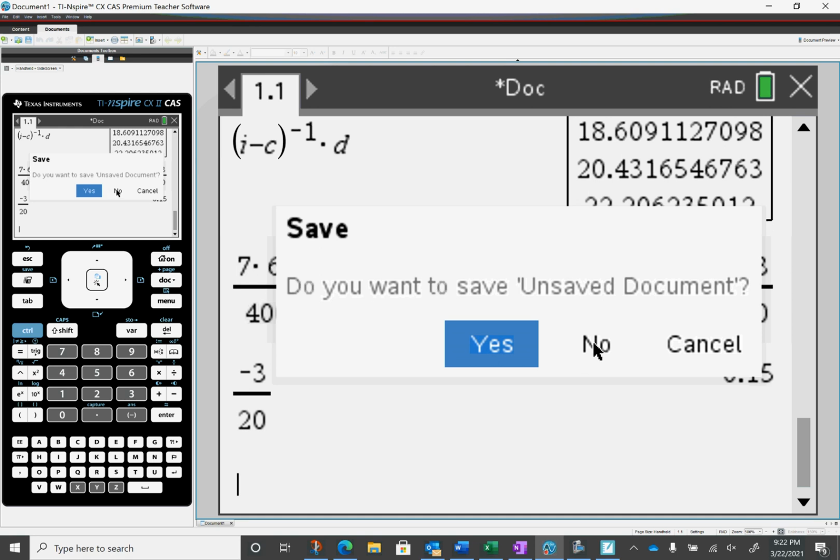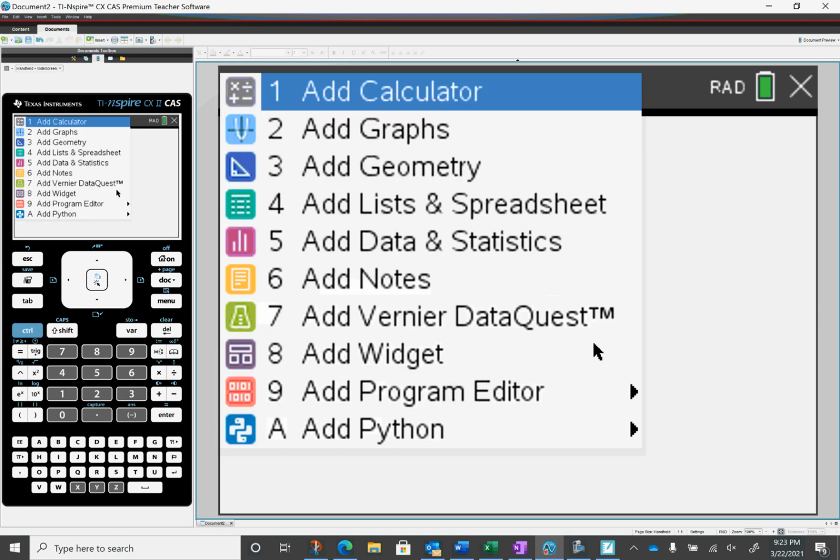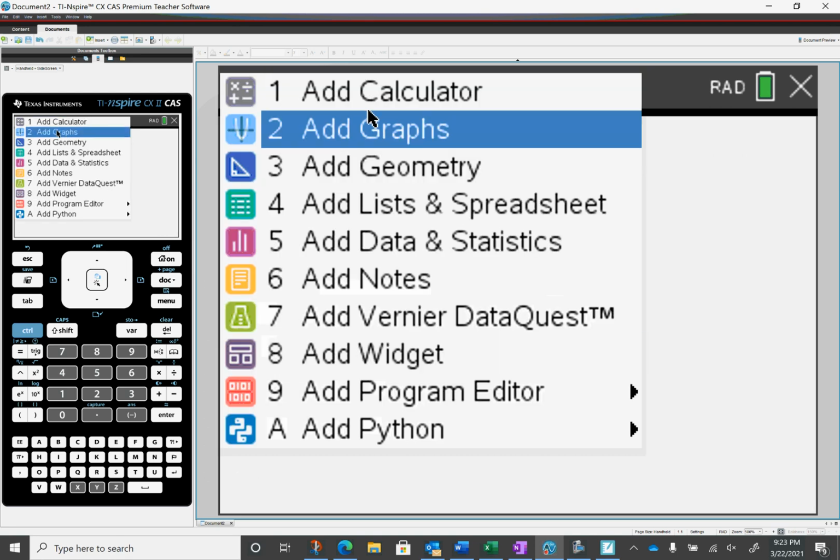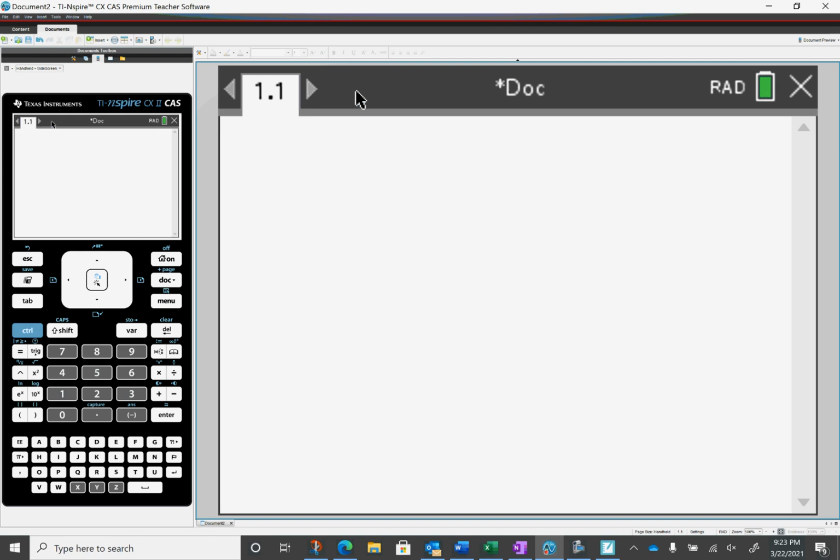Now, everything in this life is fleeting. Do I want to save it? No, it really wasn't that important. All right, clean slate here. Now I can put in that lovely transition matrix.